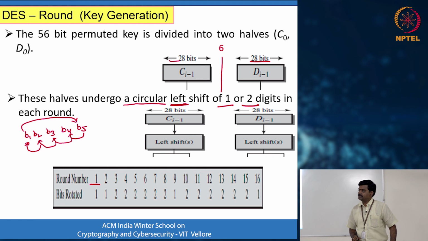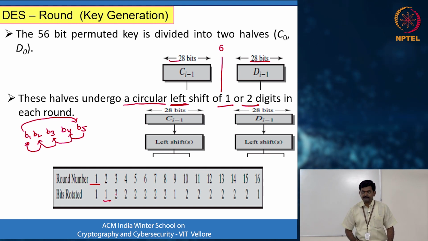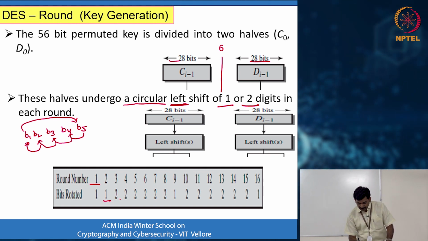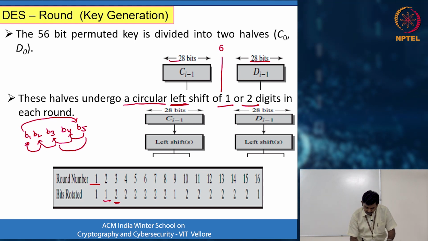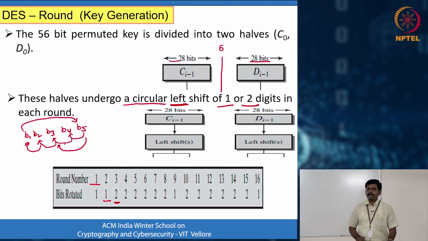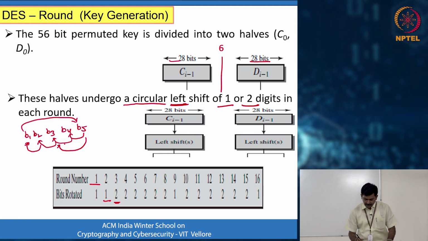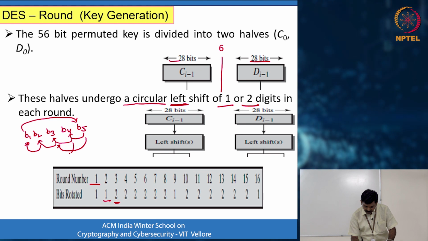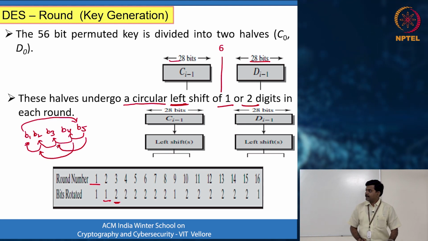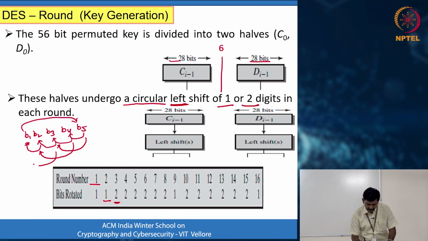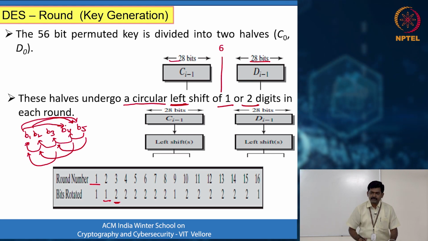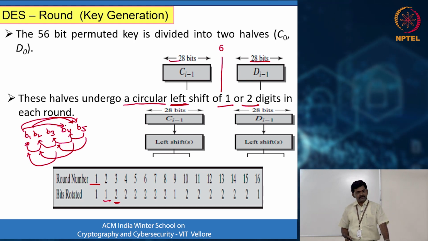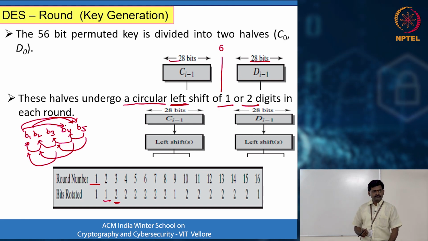If it is round 2, also 1 bit. If it is round 3, I make it 2 shifts. That means we see where B4 goes, where B3 goes, where B2 goes, and where B1 goes, because you are shifting to the left by how many bit positions? 2.